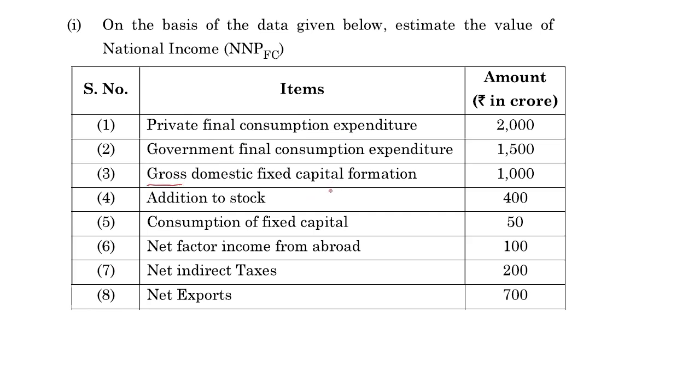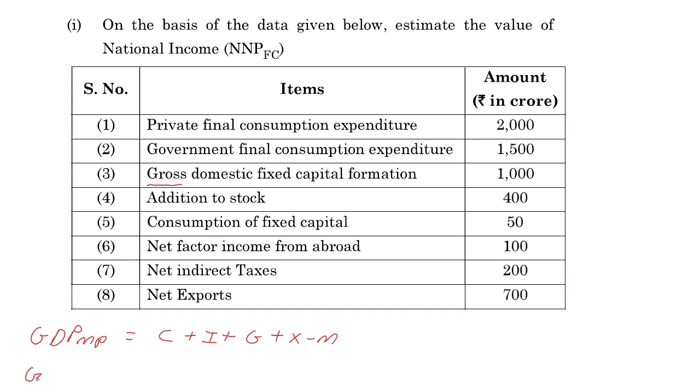And that becomes important, because the formula we are going to use is GDP MP, which is equal to C plus I plus G plus X minus M. Why are we taking GDP? Because the investment that's given to us is gross investment, and I'll have to solve for that first.